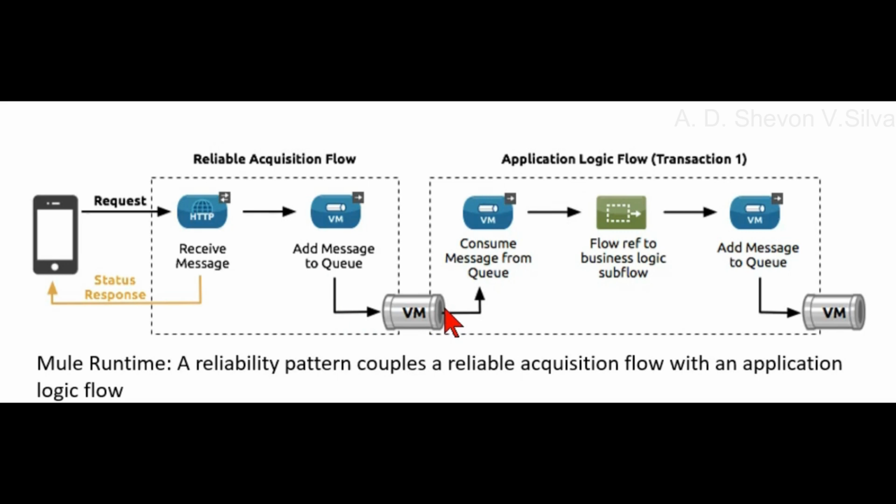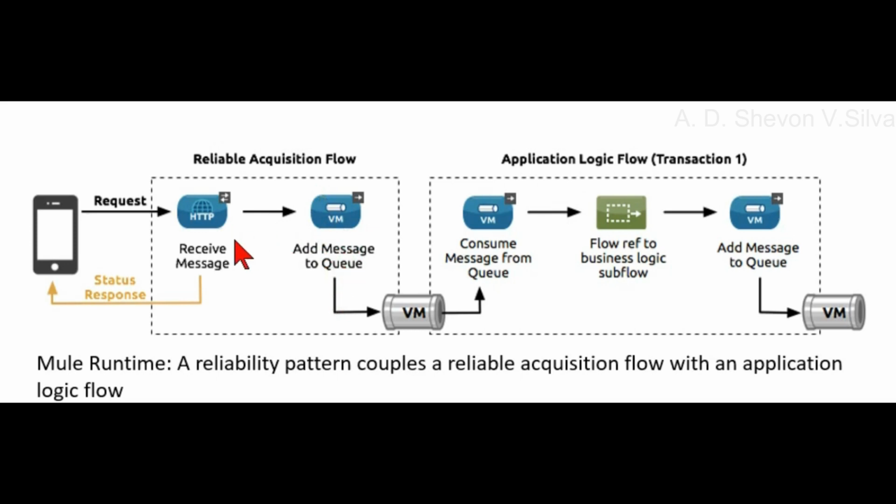The operation can be of any type of transactional endpoint, such as VM or JMS. If the reliable acquisition flow cannot deliver the message, it ensures that the message isn't lost.